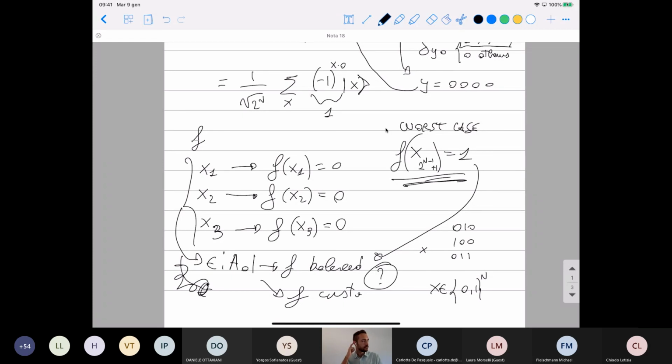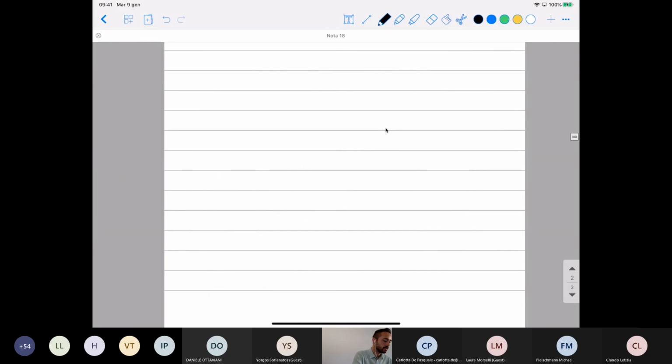With the second input, you get f of x2 equals 1. So x1 gives you f of x1 equals 0, x2 gives you f of x2 equal 1. Balanced. This is the lucky case.